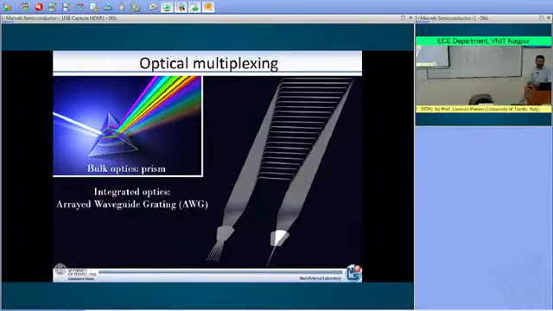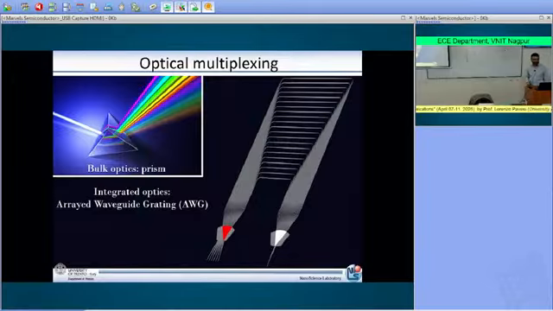Okay? And this difference in phase behaves like a grating. Therefore, this system behaves as a dispersion grating. Meaning what? Meaning that at the output here, the different colors of light are directed in different directions.